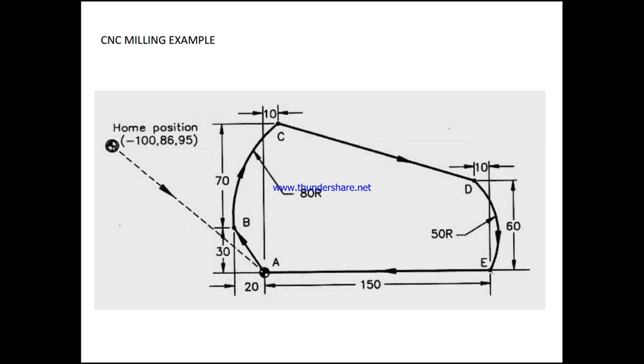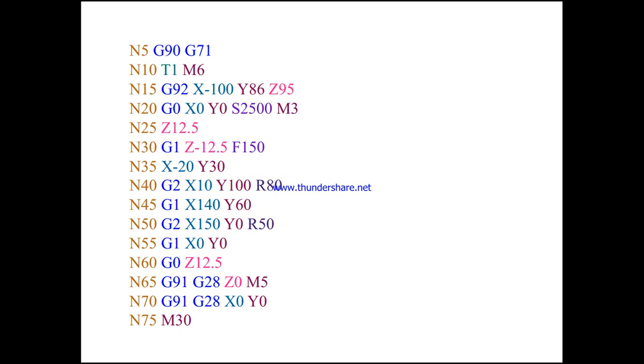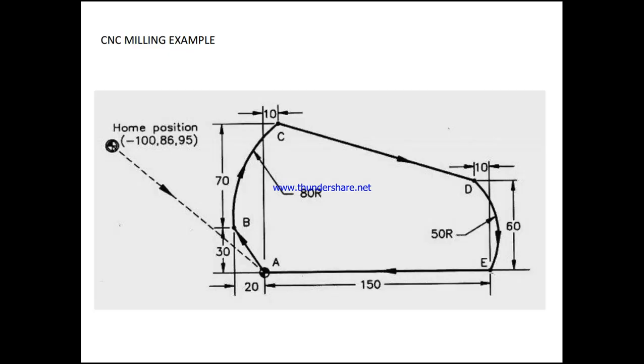Next we are having N25, rapid plunge to 12.5 mm above, that is Z will be 0 here.